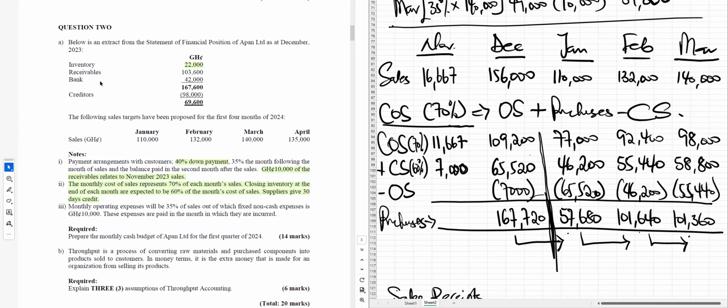For January, we're having opening stock of 65,520.